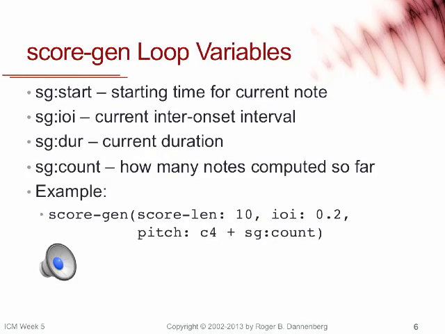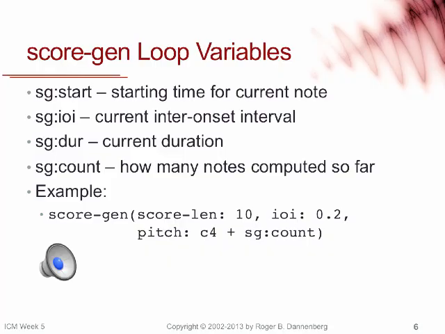Pretty straightforward. Now, the power of score-gen comes from 2 things. First of all, there are lots of attributes that you can use. Some of them are special. They control how many notes, inter-onset, timing, duration. Other attributes just get passed in as parameters to the behavior that you're invoking with the score.